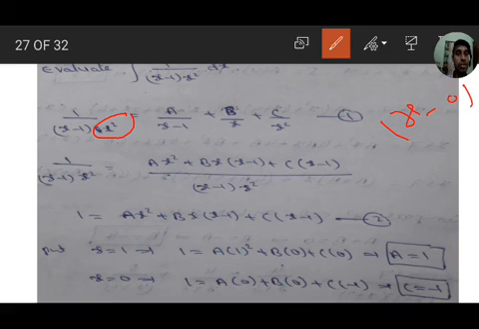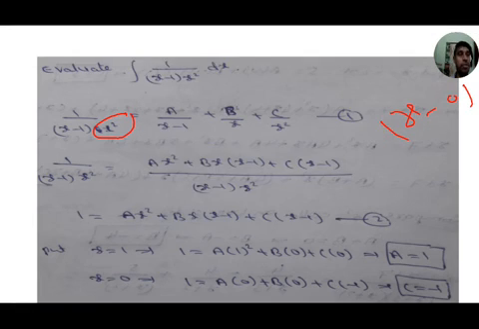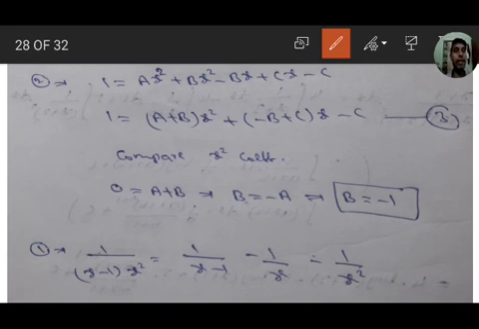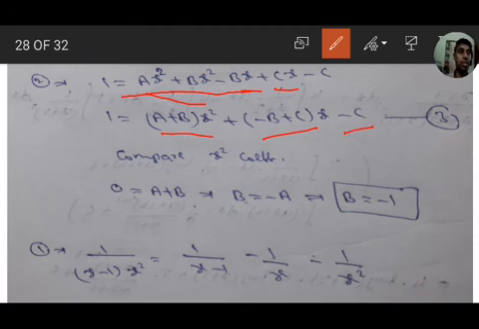We get ax square plus bx into x, bx square minus bx plus cx minus c, and compare the coefficients. So x square terms a plus b x square, plus minus b plus c of x, minus c is the constant.